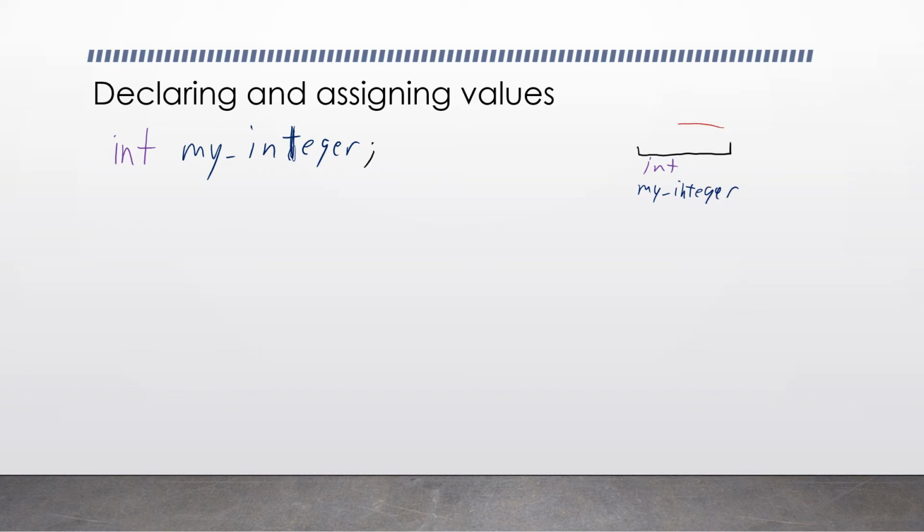Notice that this box is still empty. In some C family languages, like Java and C#, this would be auto-initialized to a value like 0, just to make sure that there's something in that box.